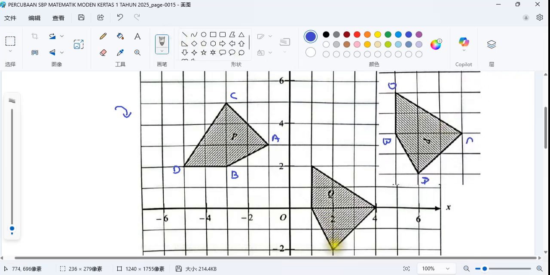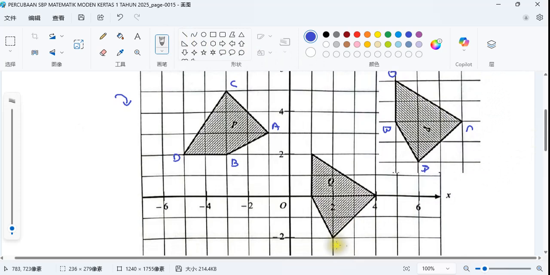So we have A prime, B prime, C prime, D prime.